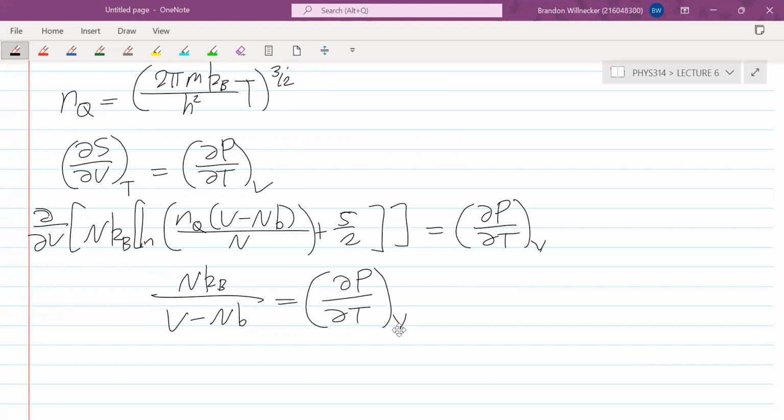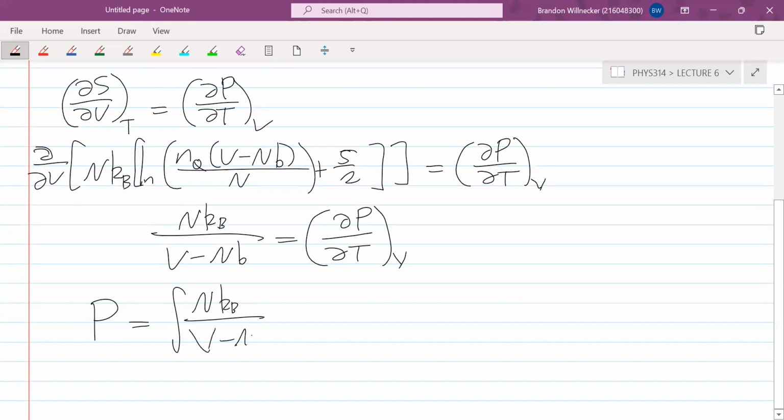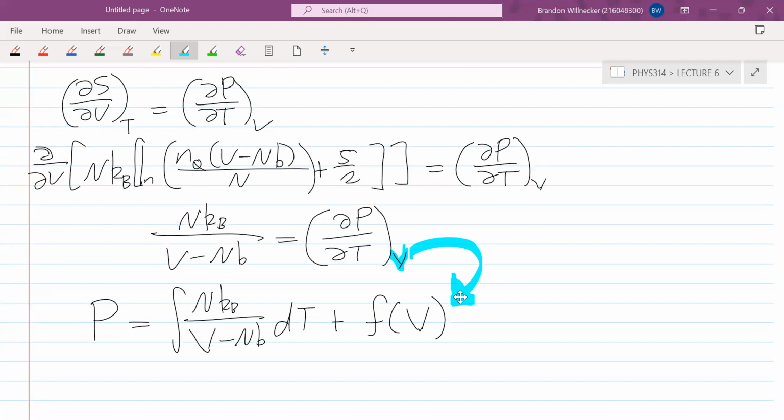Now we want to find the pressure, so we need to integrate both sides with respect to T, and that will undo the derivative. So P is going to be equal to the integral of NkB over (V minus Nb) dT plus some function of V, since when we took that partial derivative, V was fixed. When we undo the partial derivative, we need to add this function back. We don't know what the function is, but it's some function of V only.